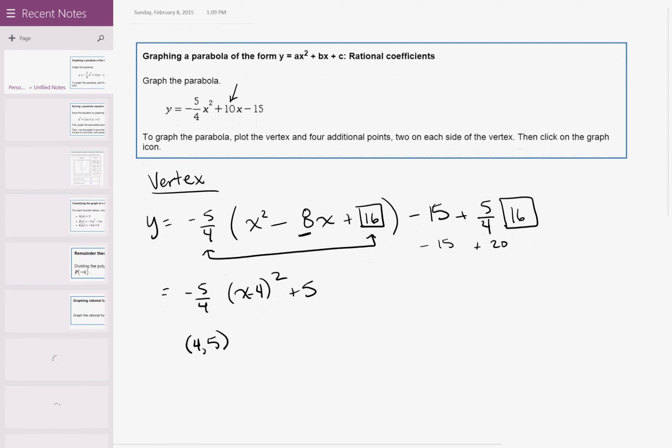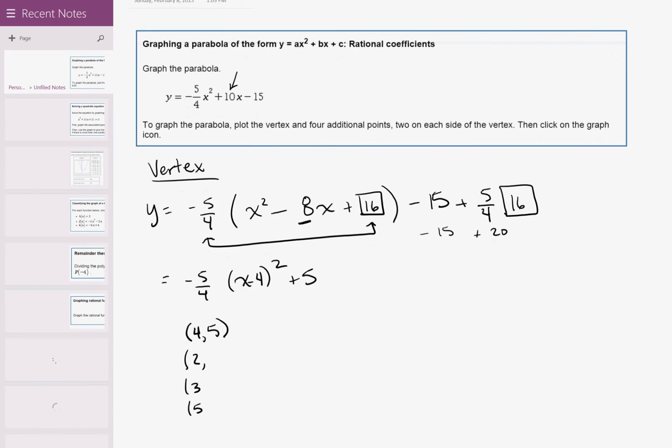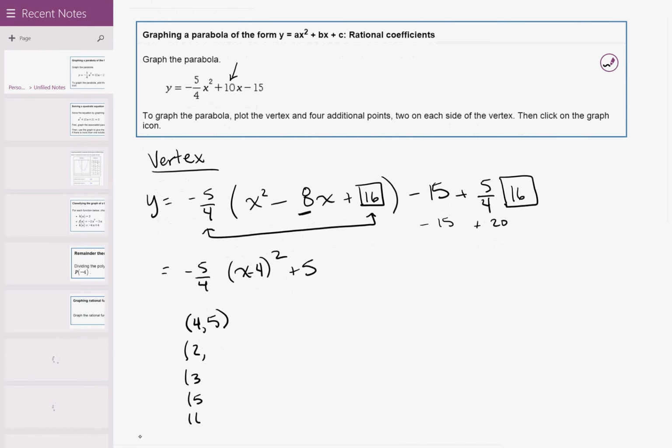And then I want to substitute in, let's see, 1, 2, 3, 5, and 6.